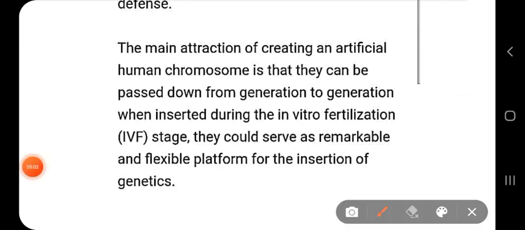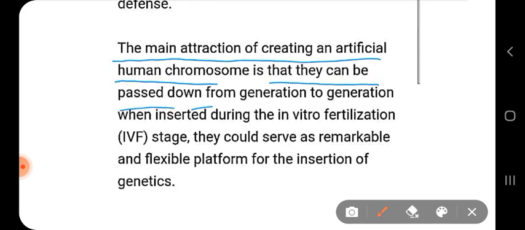But what is the main attractive feature? The main attractive feature for creating this human artificial chromosome is that it can be passed down from generation to generation when inserted during the in vitro fertilization stage. That's a great advantageous feature.